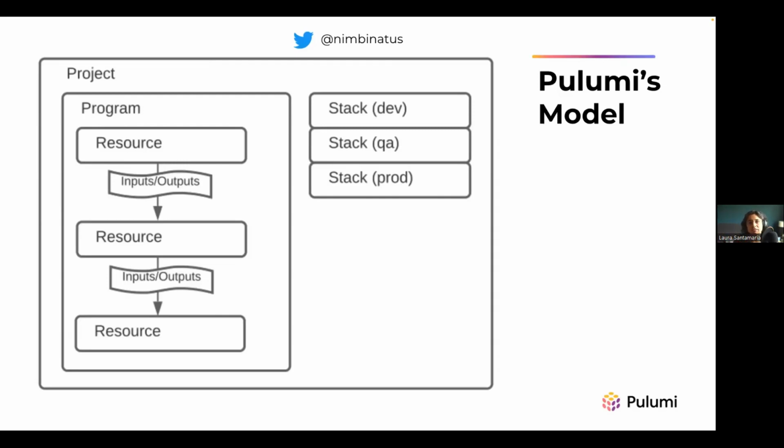The nice thing about having stacks is that you can continue to stand up the same program with different inputs, so different configuration values that go in to be able to say, this is staging and this is prod, or this is dev and this is QA. So you can tell all of the differences from there. So that's Pulumi's model, and that's what we're going to be talking about today as we start to build out this actual infrastructure.